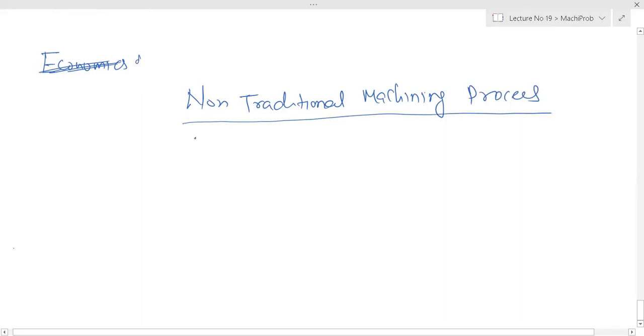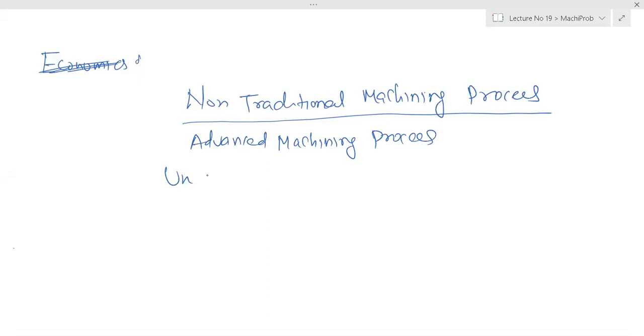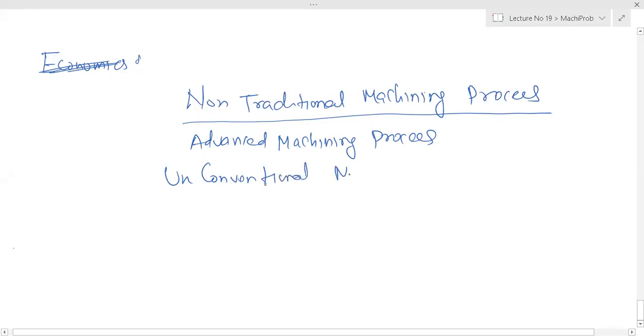It is also called advanced machining process, or unconventional machining process.